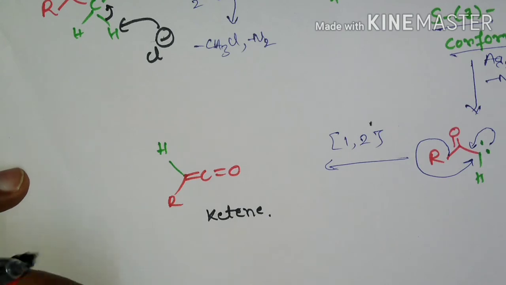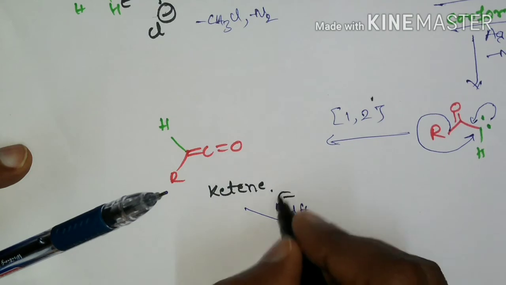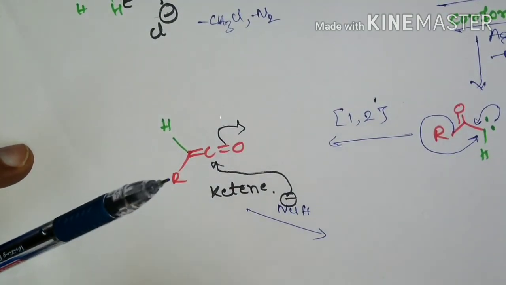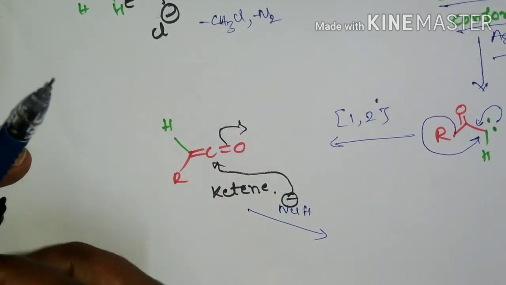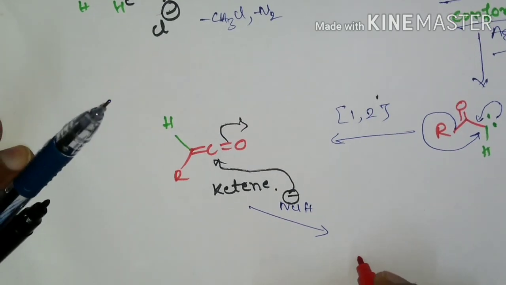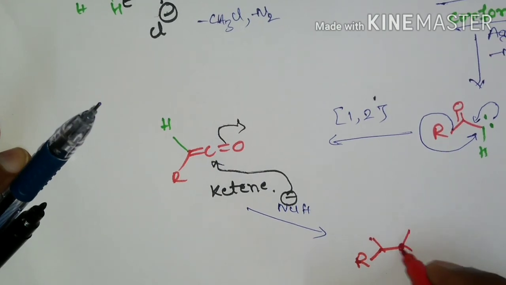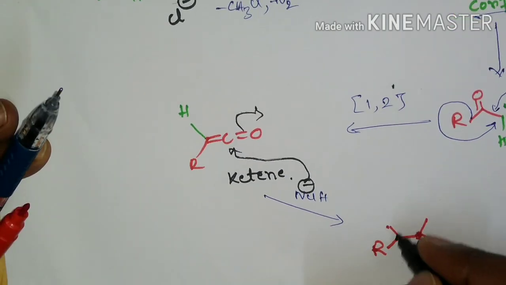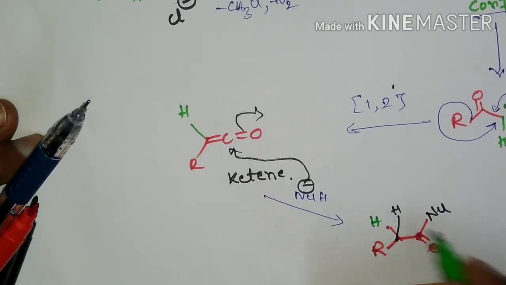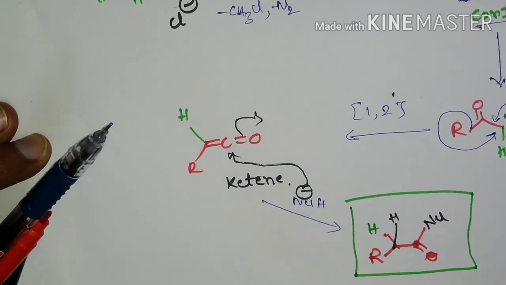And this ketene intermediate, upon treatment with a nucleophile, the nucleophile is going to attack this ketene and form the corresponding homologated derivative.